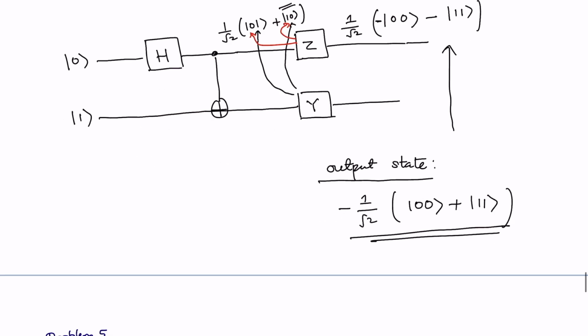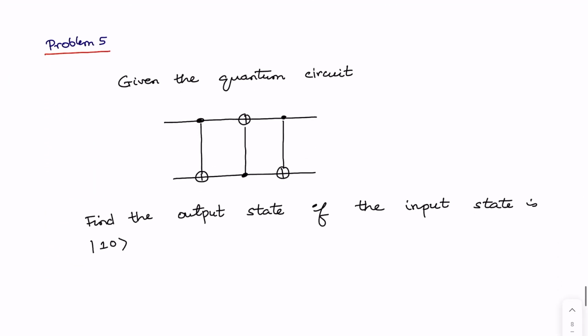As a final problem of this session, let us work out this problem. Now here you are given this quantum circuit. You are asked to find out the output state if the input state is 10. If you look at this quantum circuit carefully, you will see that there are two C0 gates. This is the first C0 gate, this is another C0 gate, but this middle one is not actually the usual C0 gate.